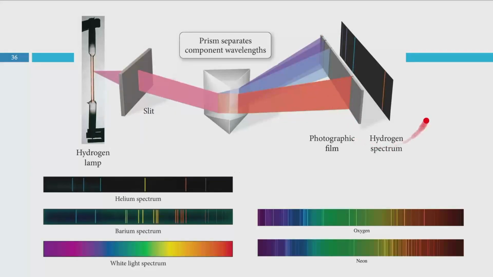So we hit the photographic film, you develop the film, and for hydrogen, we've got this reddish light, we've got a bluish light, and then there's a couple of violet lights. That's all we see in the visible spectrum. For helium, we've got a couple more lines. If we move up to something bigger, barium's got a bunch of lines. Oxygen, we've got a lot of lines. There's a little bit of blending as well, but these bright lines are what we really care about.